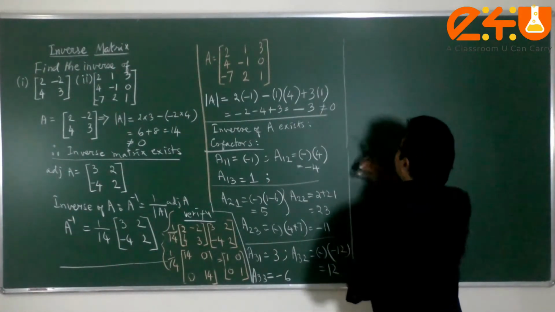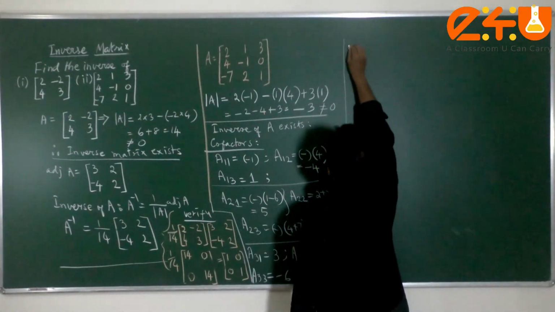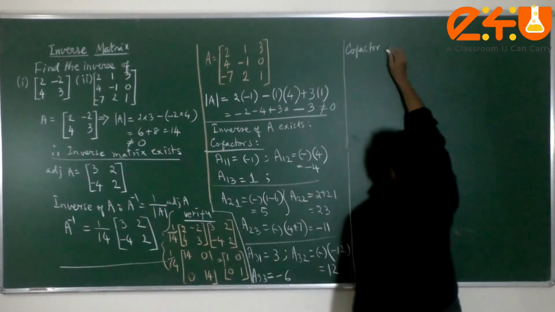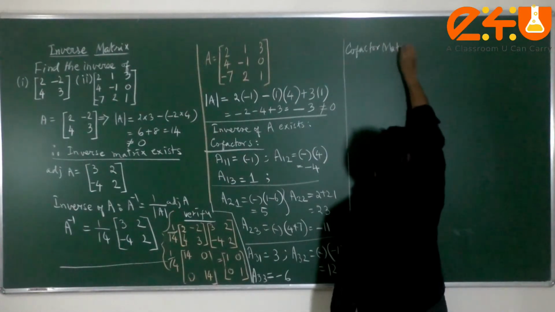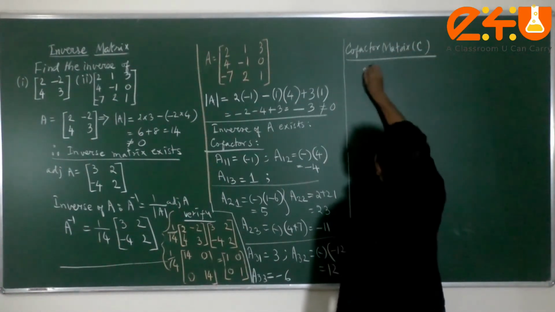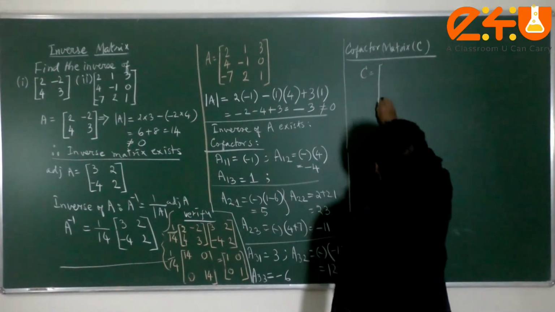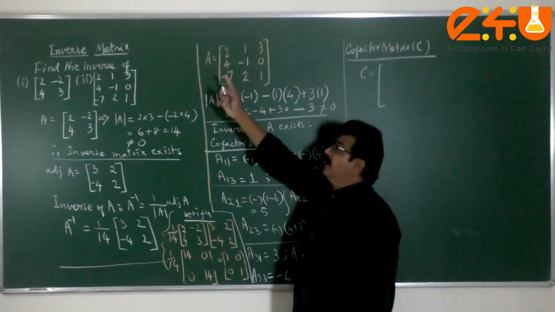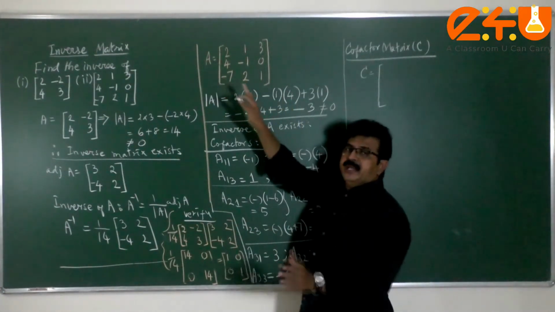Cofactor matrix, let me give the name C. So C matrix is made of cofactors replacing the respective elements given in the matrix.